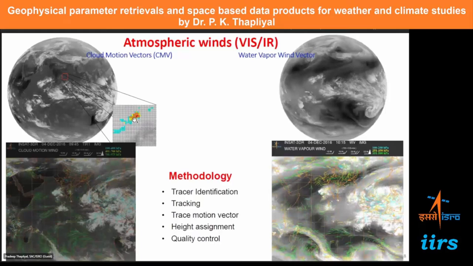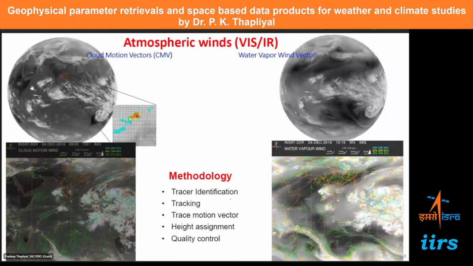And how fast it is moving, you can also find out: what is the centroid, the center location of this cloud here, what is the location here, and what is the location in the third image. Based on that, you can find out the speed of wind at that level, at the level of the cloud, and which direction that cloud system is moving. That will tell you which direction your wind is moving at that level. So there are three important steps here. First is tracer identification.